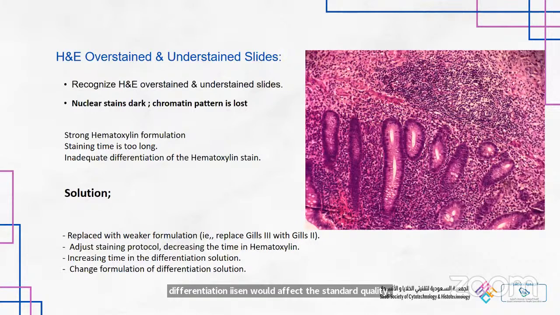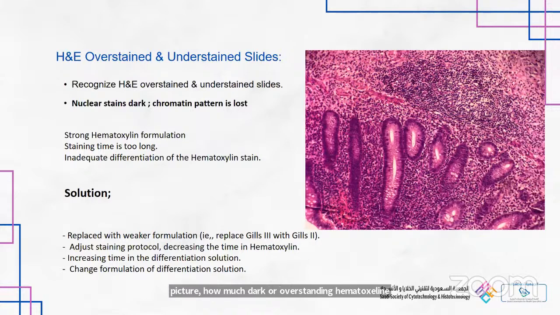In the next two slides, I'm going to discuss the problems that happen with hematoxylin, why it's sometimes over- or understained, and how to fix similar situations. As shown in this picture, dark or overstained hematoxylin affects the chromatin pattern.